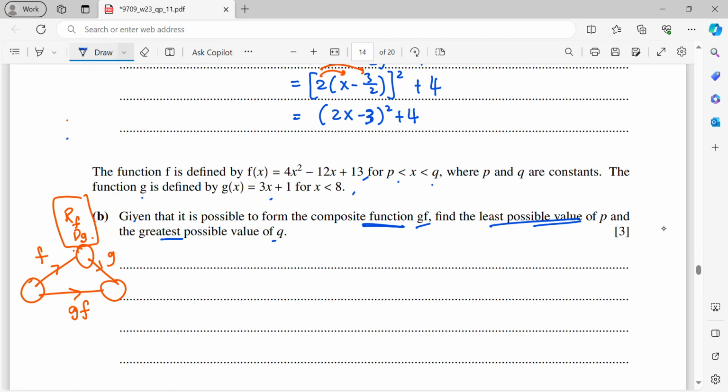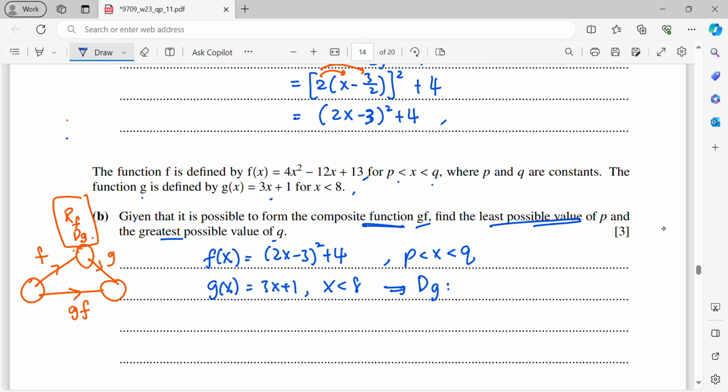So from here, my fx is 2x minus 3 squared plus 4, with x between p and q, and my g is 3x plus 1, x less than 8. So I know that the domain of g is x less than 8.